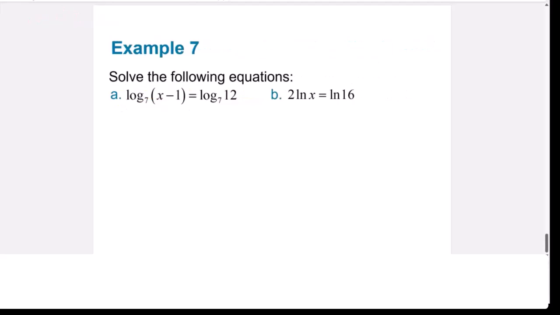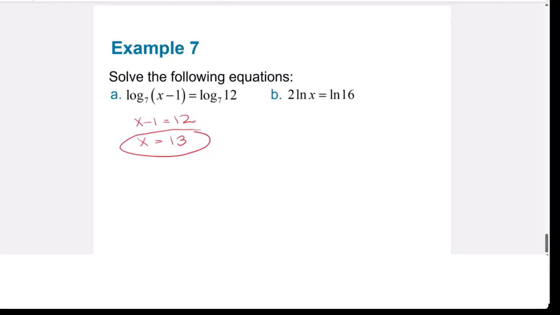So let's solve these. Well, I have the same log base 7 on both sides, and they're equal, which means that x minus 1 has to equal 12. I add 1 to both sides, and I get x equals 13. We don't have the log equals the log, do we?